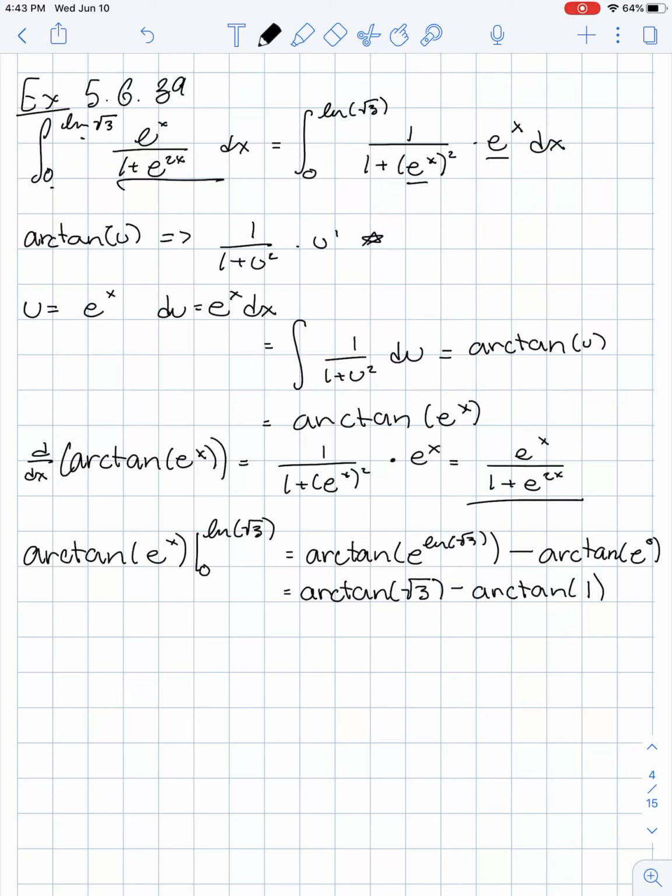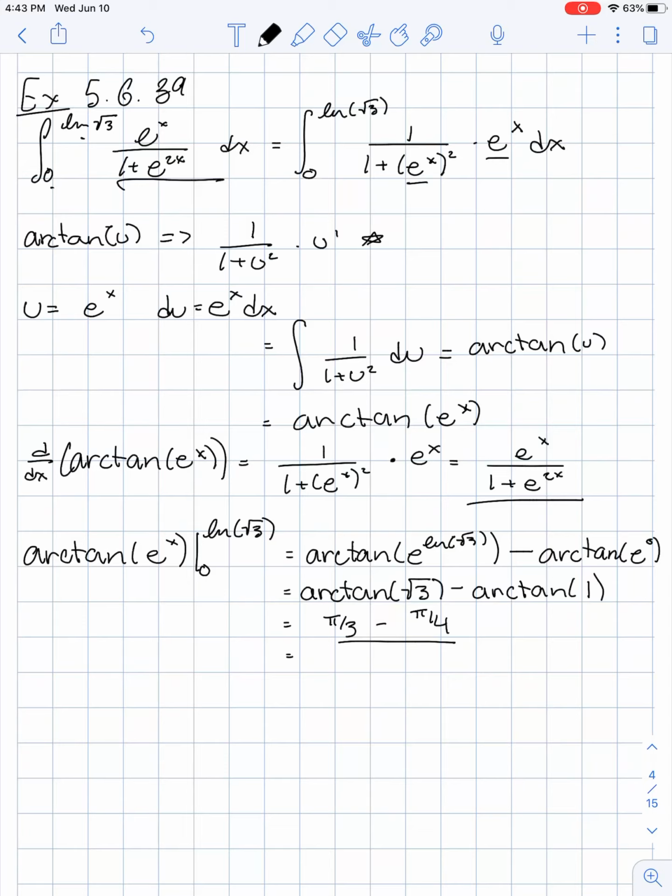Who can give me a square root of 3 if I divide its sine by cosine? Did you choose pi over 3? Good. So it's pi over 3. And arctan of 1, whose sine and cosine are the same, is going to give me pi over 4. Okay? And you can just leave it right like this. That would be totally fine.